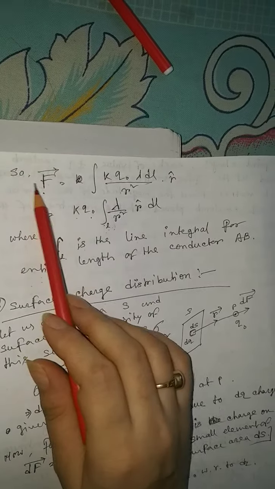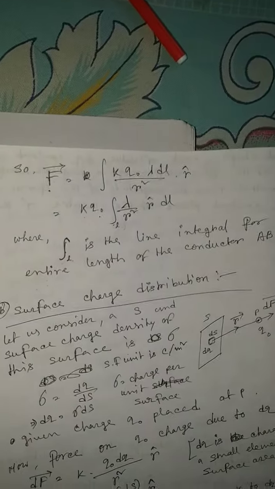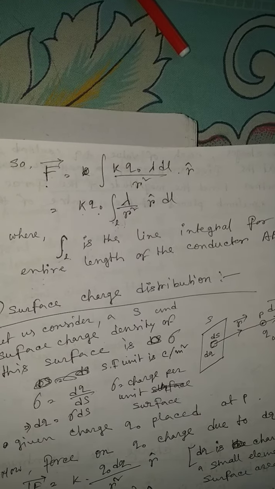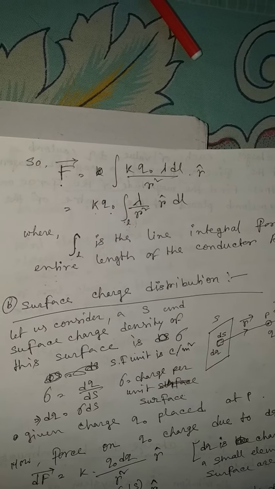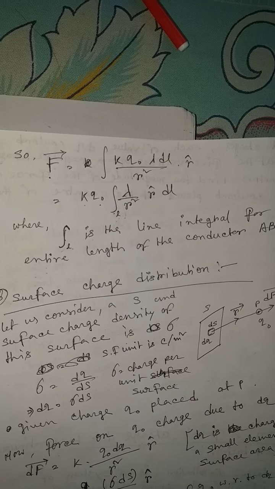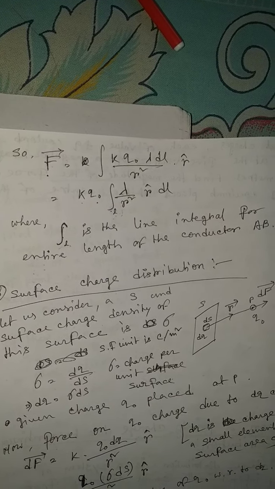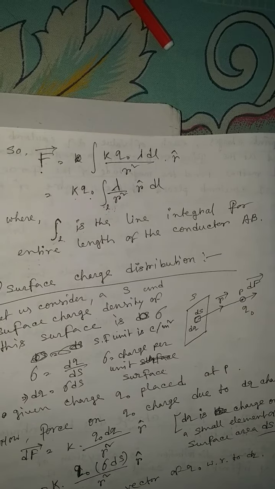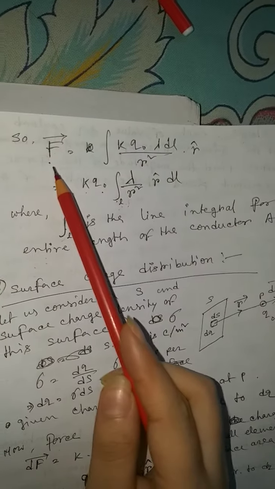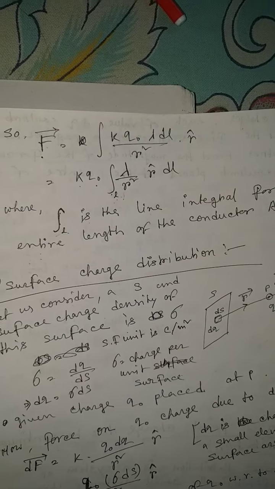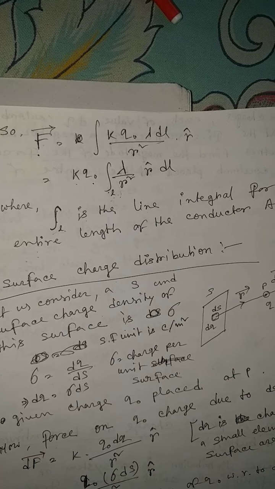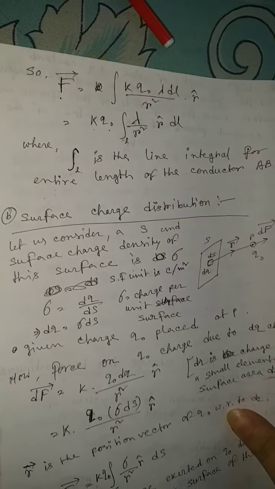So this is the form of force at a point which is placed r distance from a conductor. F is the force on q naught charge for the entire length of the conductor.